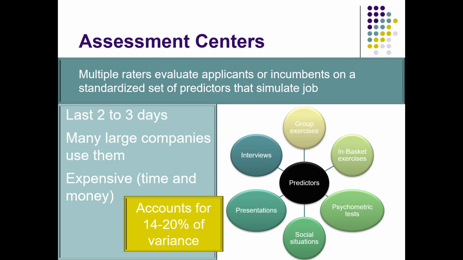And so we still are not necessarily making clear, objective decisions, even though it looks on the face of it like, wow, this should be a really good opportunity for making clear, objective decisions. So it does account for some of the variance, but not as much as even some of the other tests we've talked about.